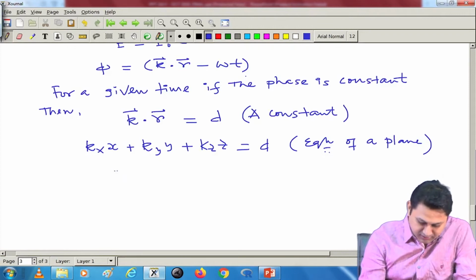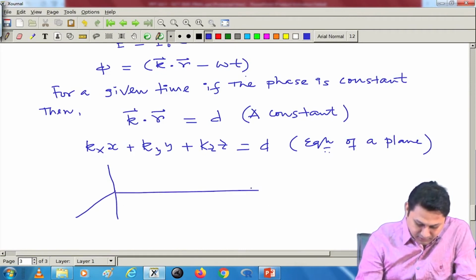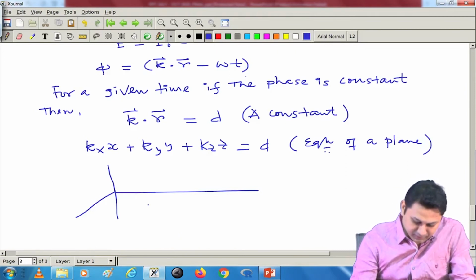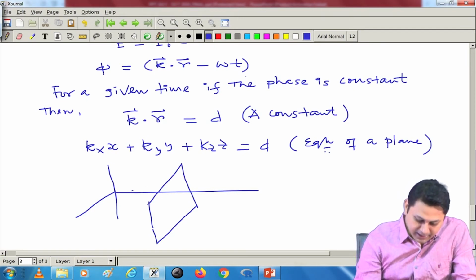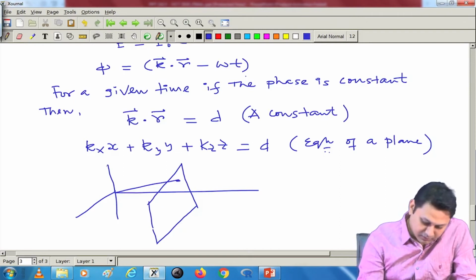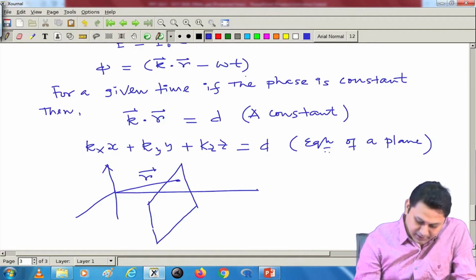So, we can understand in this way that suppose I have a coordinate system like this, and in this coordinate system this is the plane I have, and I have a point over this plane which is r vector, and this is my k vector.